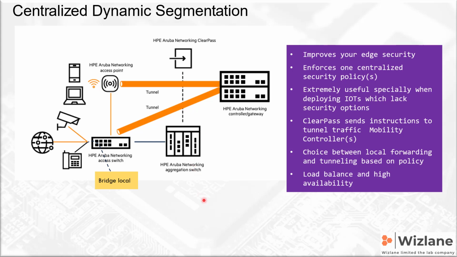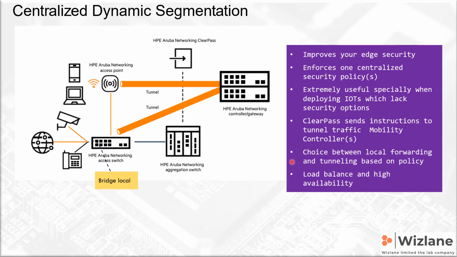When the device connects, you don't want to traverse the network and then be inspected by a firewall like Palo Alto or some other company. You would rather tunnel that traffic to the mobility controller or to the gateway, then perform inspections there, so you apply uniform policies.